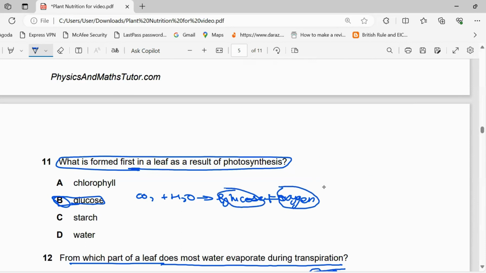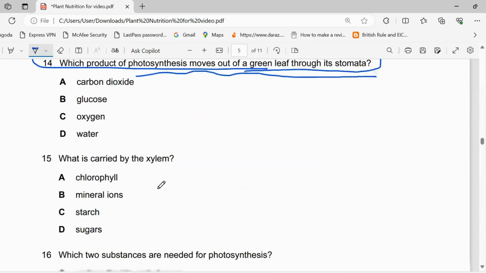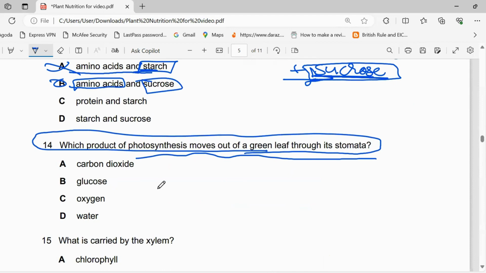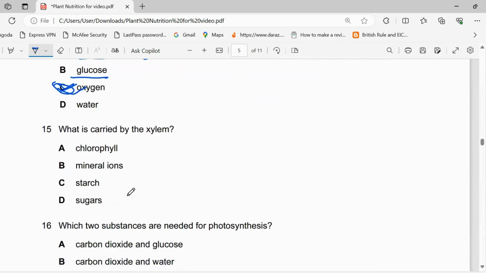So if glucose is used, the other thing which goes out is oxygen. Part A is carbon dioxide, B is glucose, and here in C, oxygen. Because in photosynthesis, the waste product, the byproduct, is oxygen.